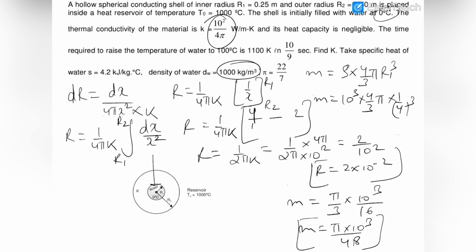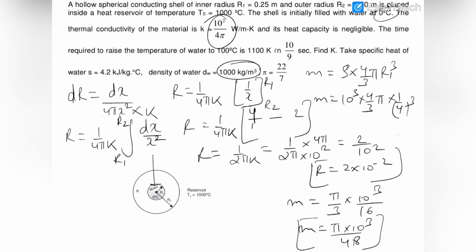Now we know that the temperature of this water inside the shell is variable. So let's suppose at time t, the temperature of the water is T degrees Celsius. So at that time, dq by dt, the heat current, will be equal to 1000, the outer temperature is fixed, minus T divided by R, where R is the resistance.